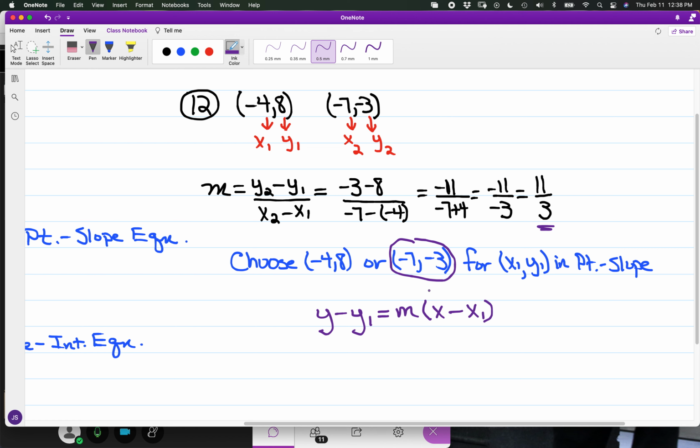So for y minus y of 1, we're going to have y minus negative 3, and we have m, which is 11/3, times the quantity of x minus negative 7.